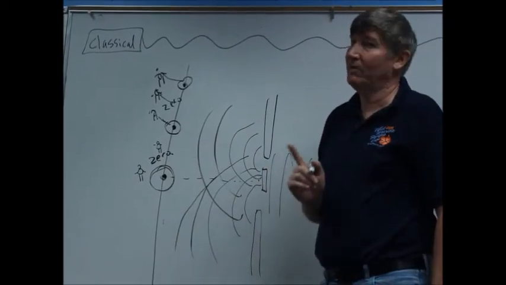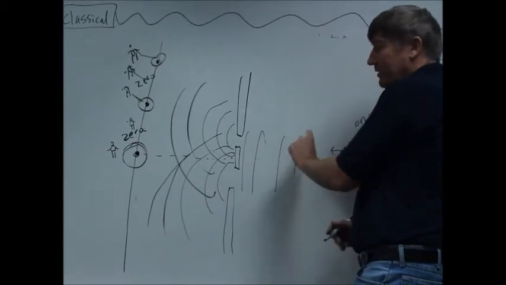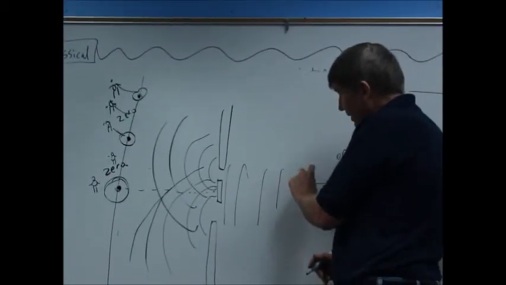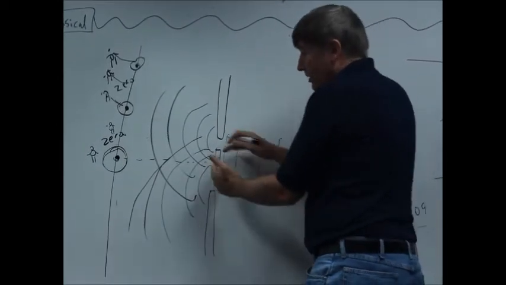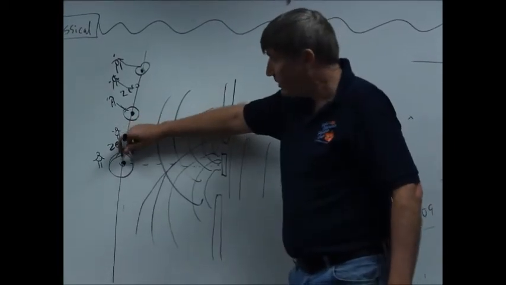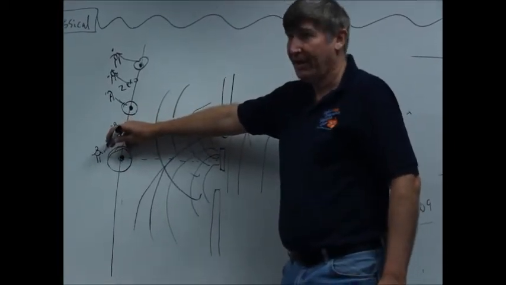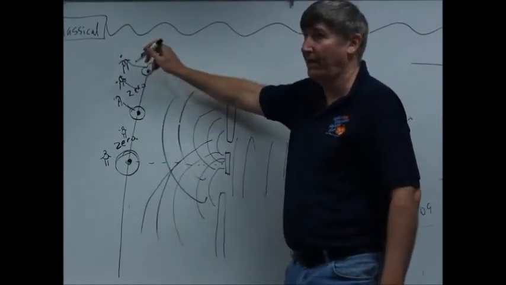That's not the way it works with electrons. Okay? When we're shooting one electron at a time here, the electron goes through both slits, so it is in fact a wave, but the person here does not say, I saw part of an electron, and the person here does not say, I saw part of an electron.